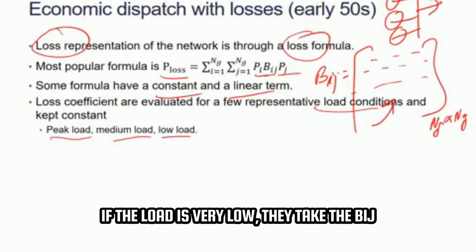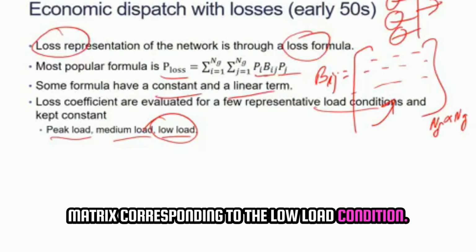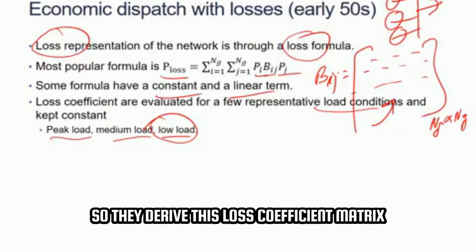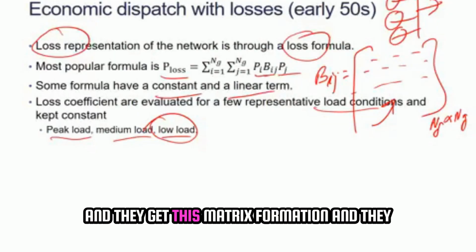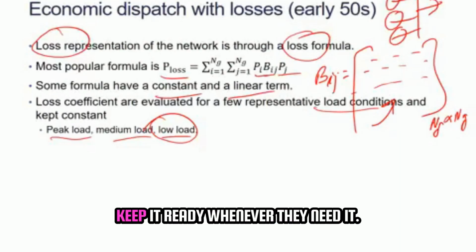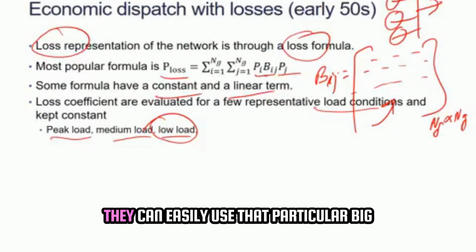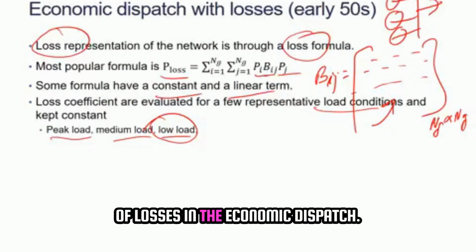If the load is very low, they take the Bij matrix corresponding to the low load condition. They derive this loss coefficient matrix from the basic load flow representative method, keep it ready, and whenever needed, easily use that particular Bij matrix to represent the effect of losses in the economic dispatch.